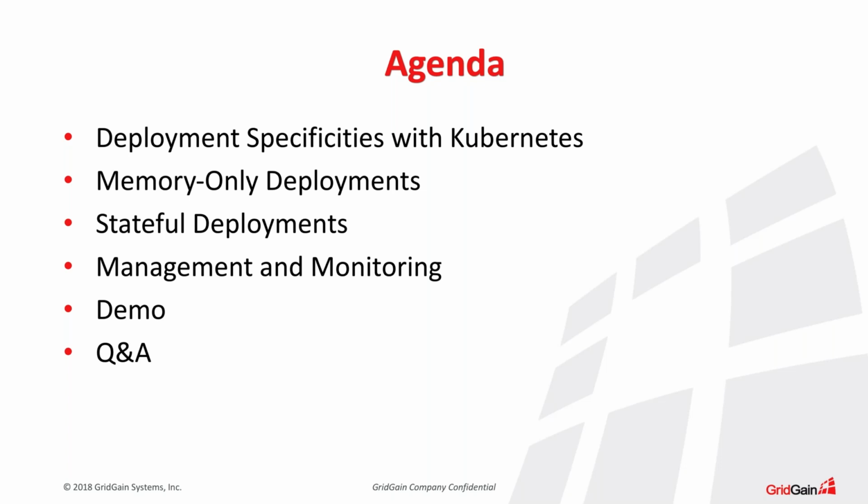That's why we are going to review memory-only deployments separately. Those deployments apply for Ignite and other in-memory databases or in-memory data grids. And for the other ones, you need persistence. You need to think of stateful deployments that are also possible to do, as you know, with Kubernetes.